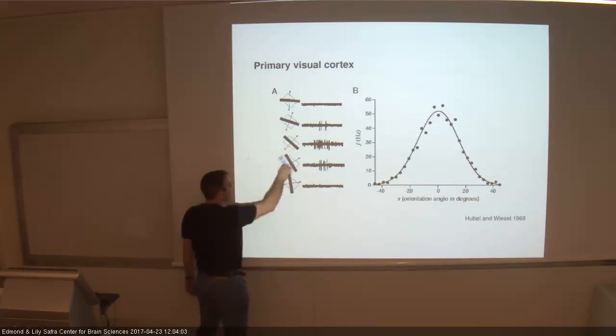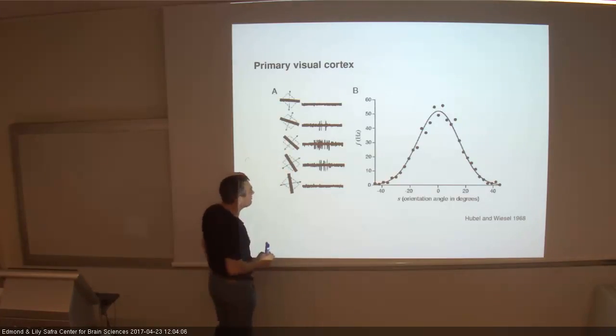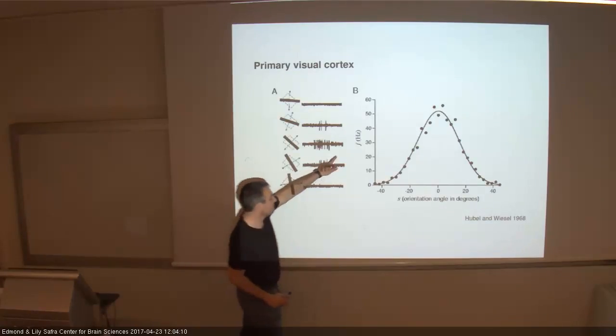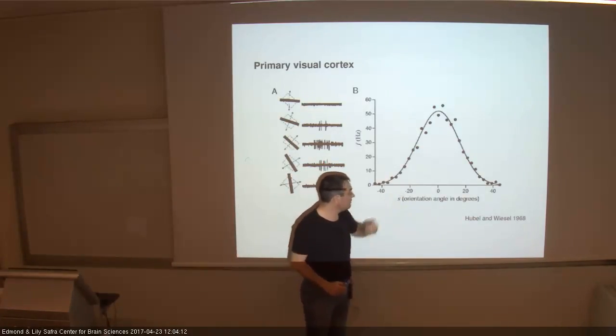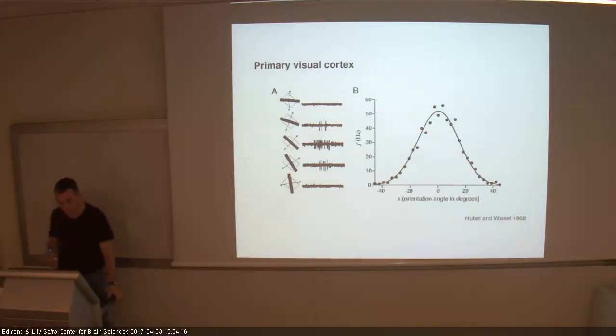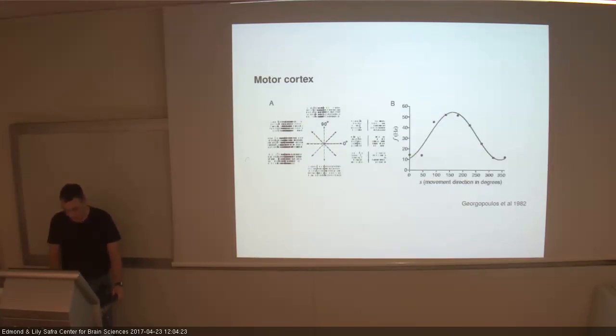The bar is in different orientations, and you count the number of spikes. What you see here is the firing rate of the neuron as a function of the orientation of the bar. This would be one example of selectivity to a spatial feature, in this case selectivity to orientation.